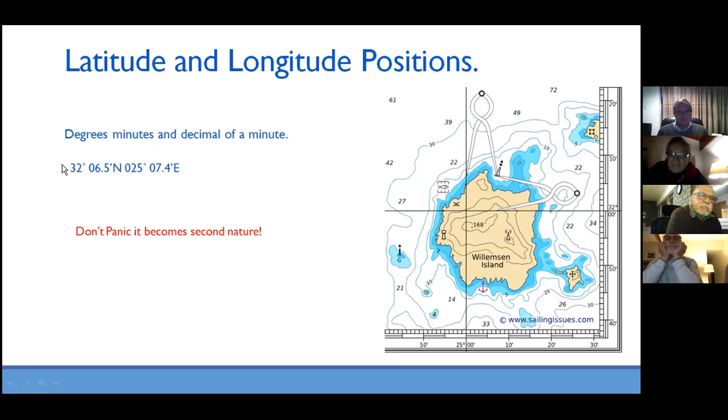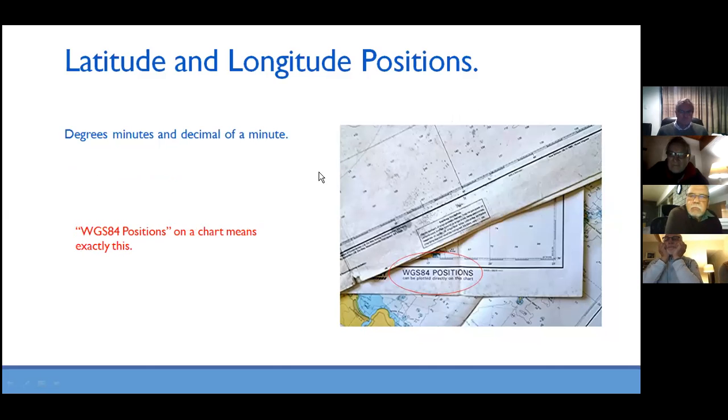Some people write the north and the east first. It makes no difference as long as there is that reference. Modern charts will have WGS 84 positions marked somewhere on them, on the edge somewhere like this one.